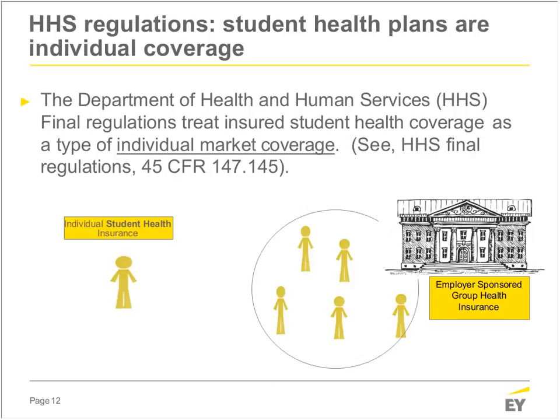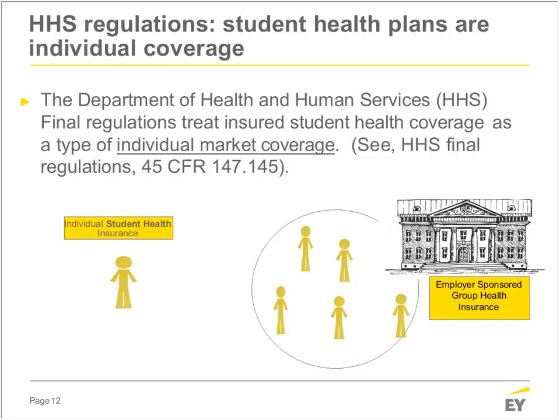What they really focused on was the impact on the student in particular. It was very unclear what the treatment of student health coverage was before the ACA. That had largely worked until the ACA refined and put a focus on the distinction between what is called individual market coverage and group coverage.